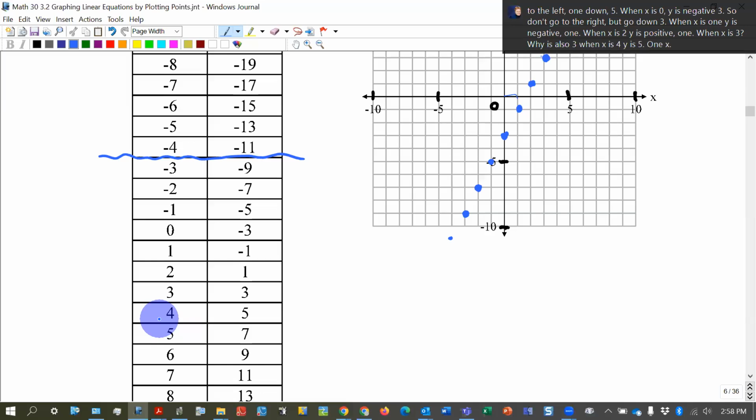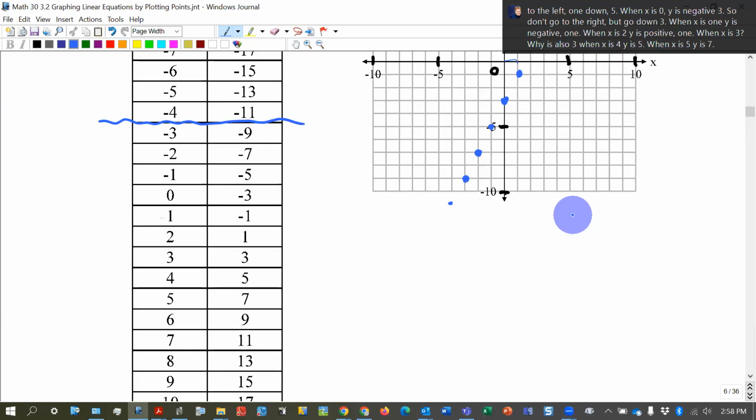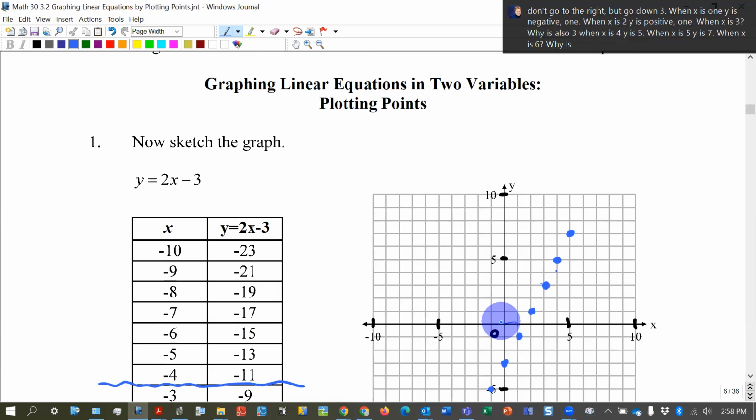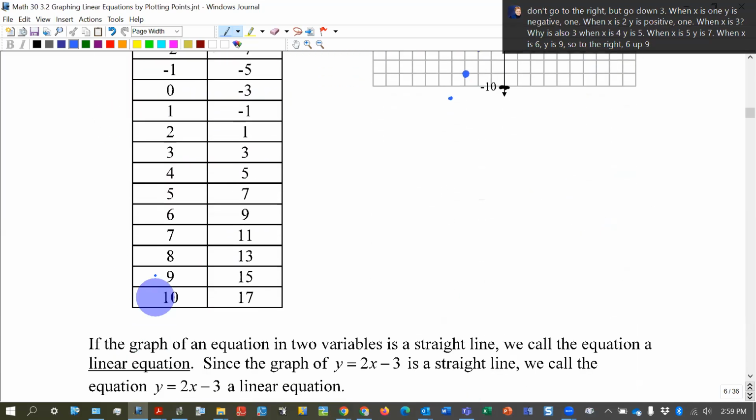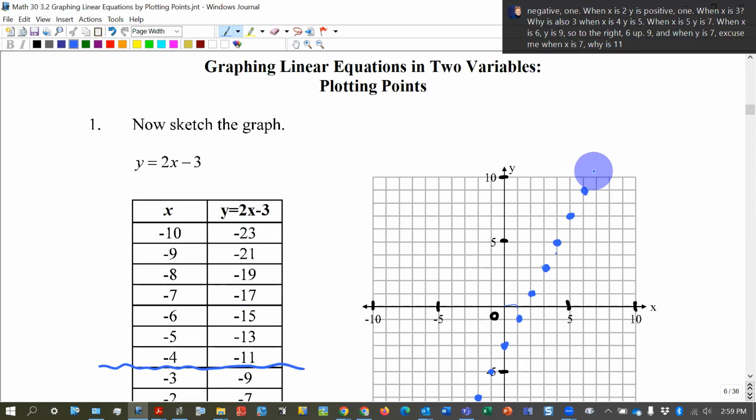When X is 5, Y is 7. When X is 6, Y is 9. So to the right 6, up 9. And when X is 7, Y is 11. So that would be off the paper.